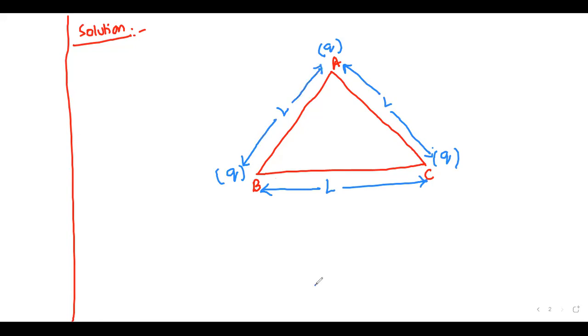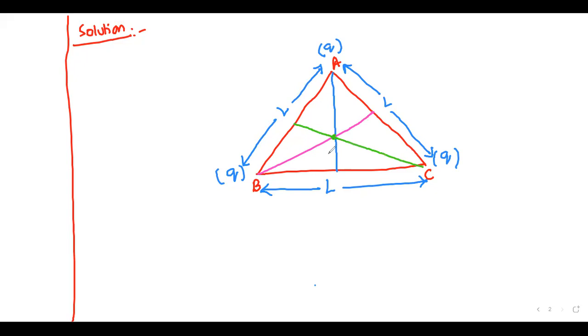Now, I need to explain when these three charges will be in equilibrium. Initially, I will draw the perpendicular bisectors, or so-called medians.